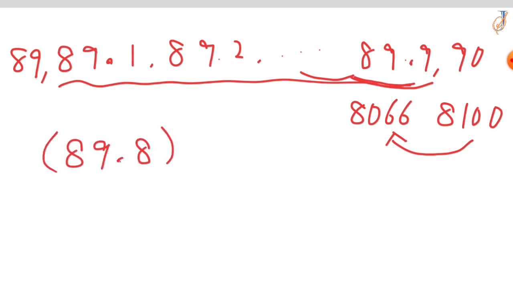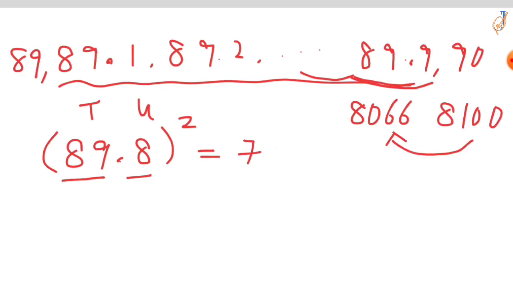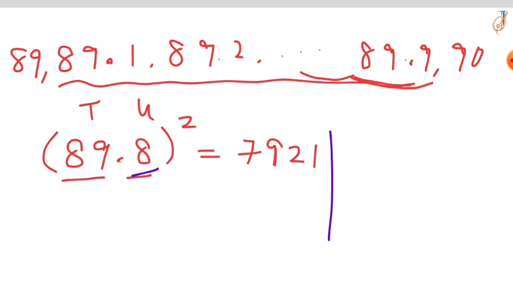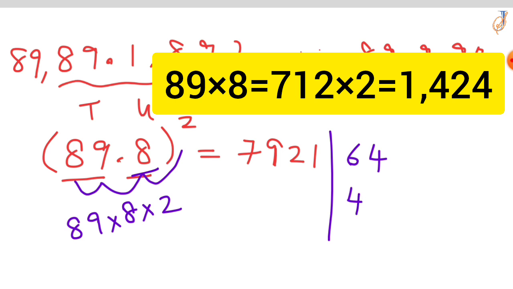Do the whole square. Take these two numbers as the tens digit and this number as the units digit. 89 power 2 is 7921. Then square the units digit, 8 power 2, the value is 64. Then multiply the numbers: 89 times 8 times 2, which gives 1424.